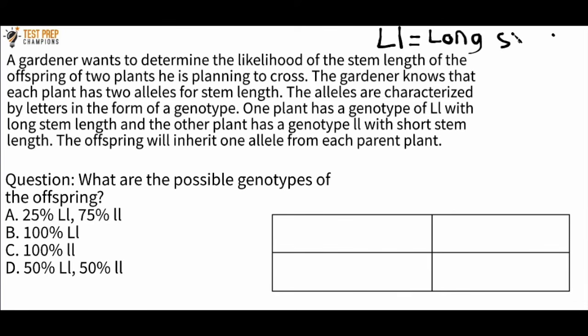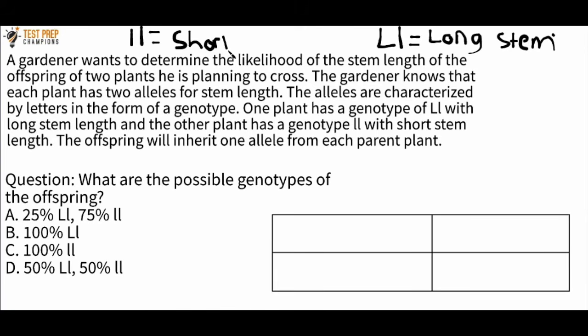We just know that one of the plants is going to have big L, little l. And again, I'm not sure if you call plants mom and dad or not, but hopefully you get the point, because I'm just trying to make this simple to understand. So one parent is going to have this big L, little l with long stems, and the other is going to have the genotype little l little l, which corresponds to short stem length.